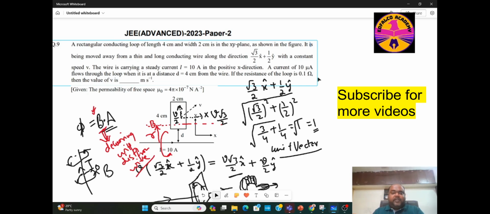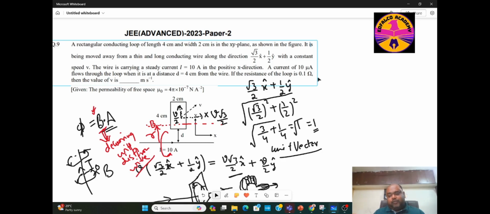If the path for the flow of the current is not complete, then it's going to be just the EMF. But the moment we connect it and there is a resistance, a finite amount of current is going to flow in that loop.